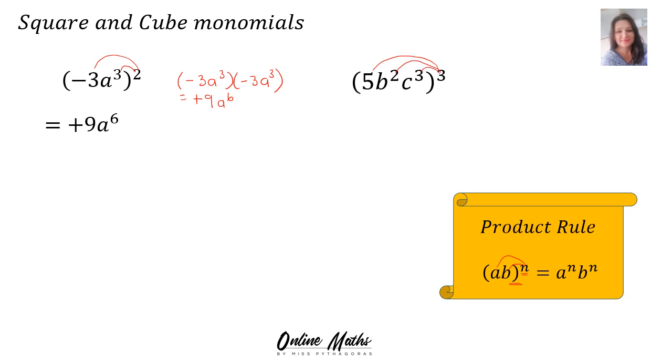Then 5 cubed is what you've got there, and in terms of b, since you're working with exponents and there's a bracket, you will multiply the exponents. 2 times 3 is 6, and in terms of c, 3 times 3 is 9. Just to finish off, 5 cubed is not 15, it's 5 times 5 times 5, which is 125. So the answer is 125b^6c^9.